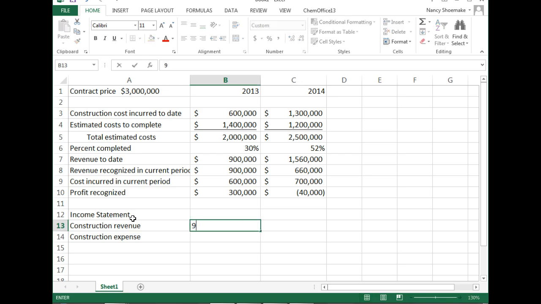Here, 900,000, right? And here, 660. And our construction expense, 600. And this one, 700.